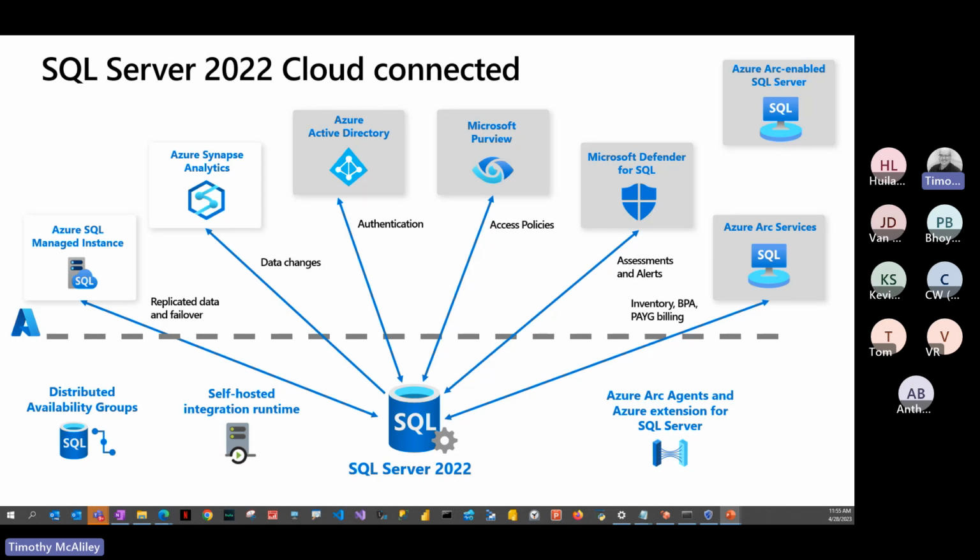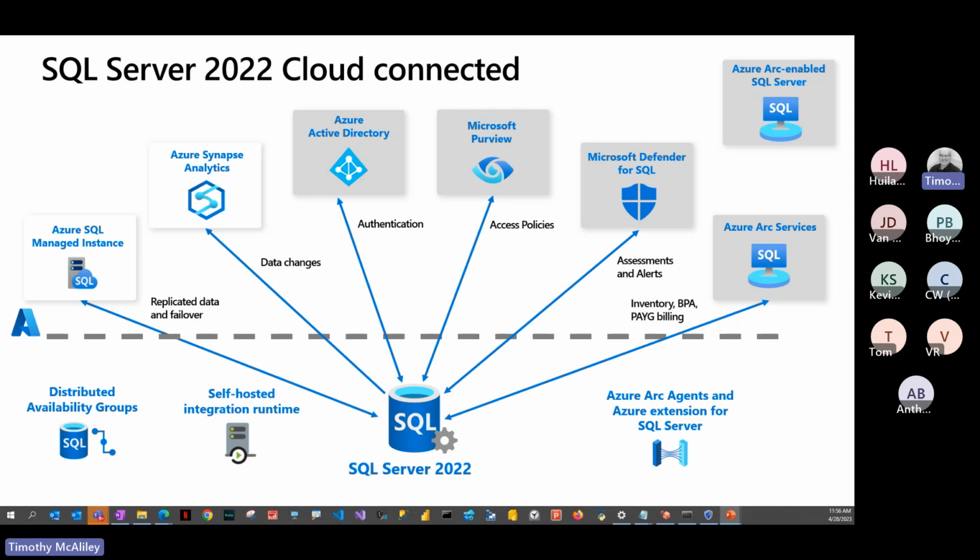Microsoft Purview, creating access policies inside of Microsoft Purview that allow or disallow certain activities inside your Azure SQL database based on a policy that's been created inside of Purview. And you can do that for the enterprise, for users and groups, and then people can read or write or do whatever you need them to do against those SQL servers.